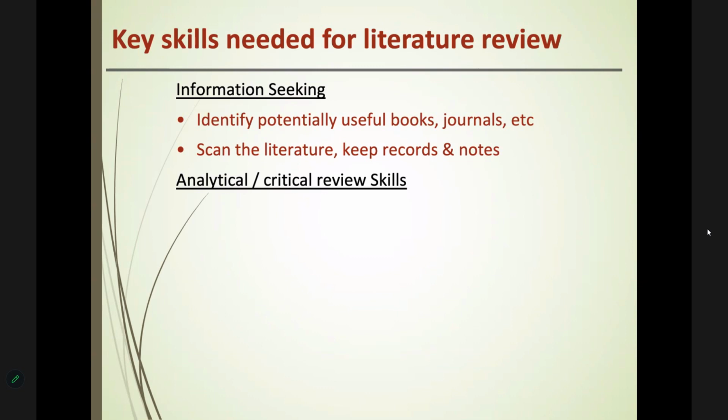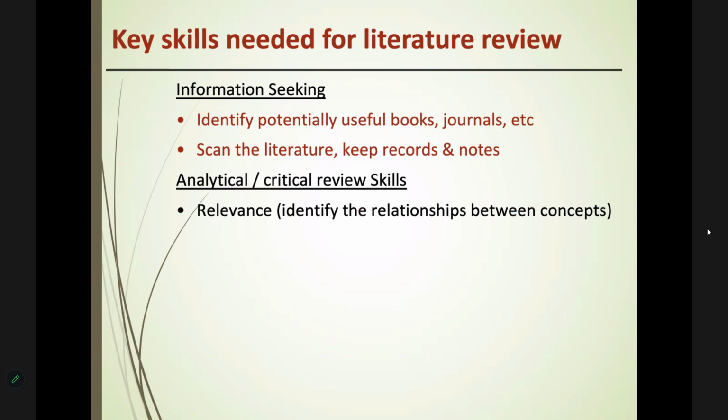The second skill is the analytical and critical review skill, because you have to establish whether a paper is relevant or not. What is the relevance of the paper that you are reading? When reading a journal or any literature, you should know whether it is really relevant to your research.